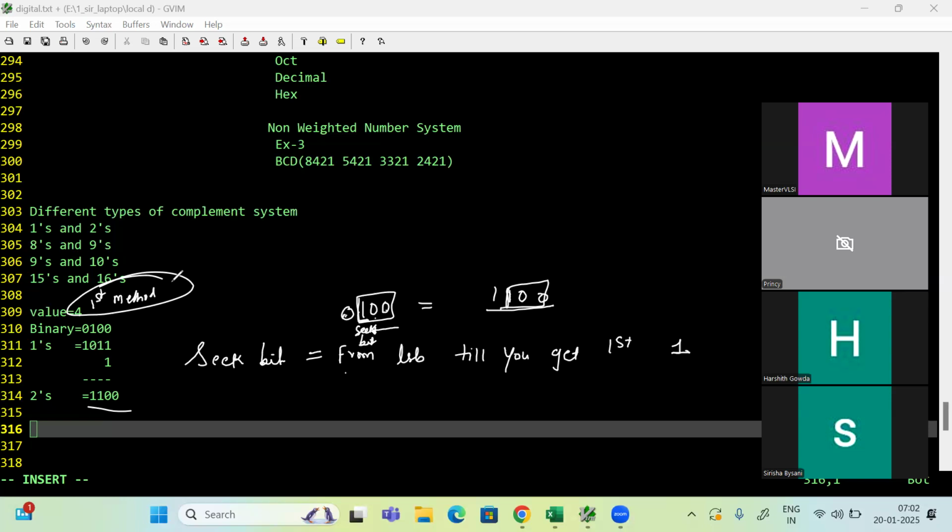That is one method. What is the second method? Take the sig bit, copy it as it is, then invert. That is the second method. We also have a third method, which I'll tell you later. Okay, one's and two's is clear, so I'll give you a few questions and you need to give me the answers.